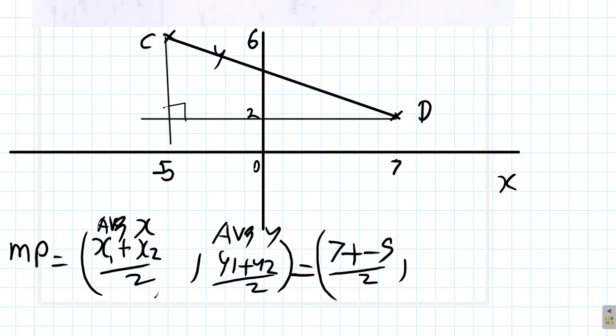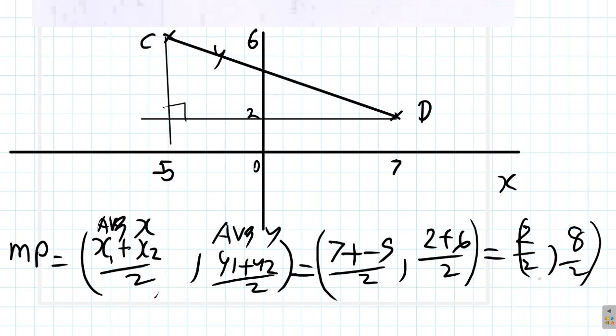So the coordinates would be (2 + 6) divided by 2. 7 minus 5 is 2, 2 over 2, comma, 6 and 2 is 8, 8 over 2. So the coordinates at the midpoint would be (1, 4).